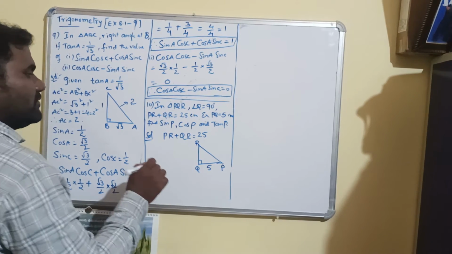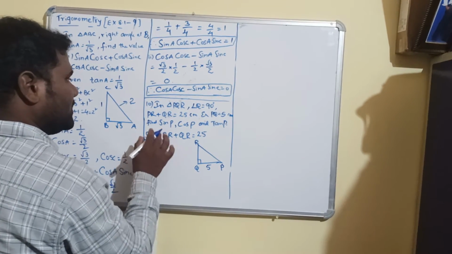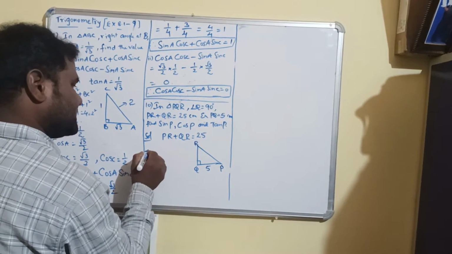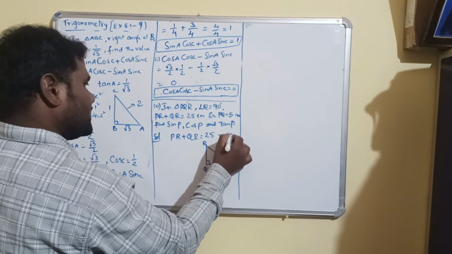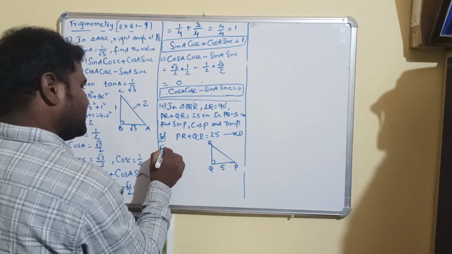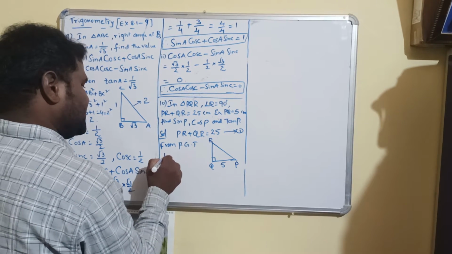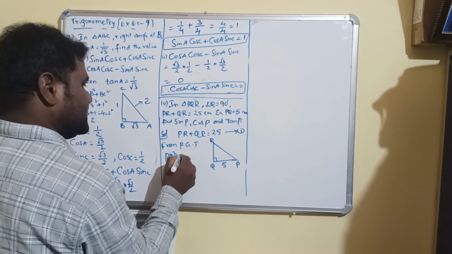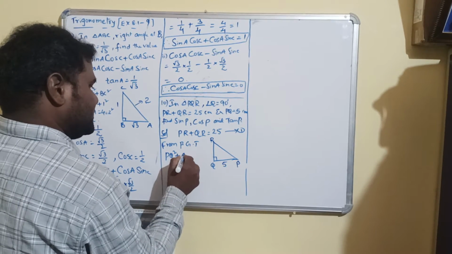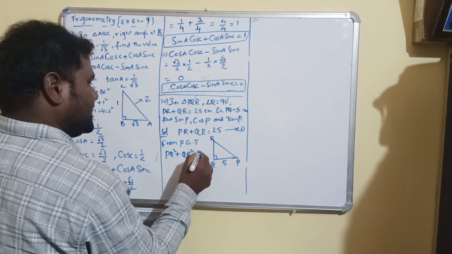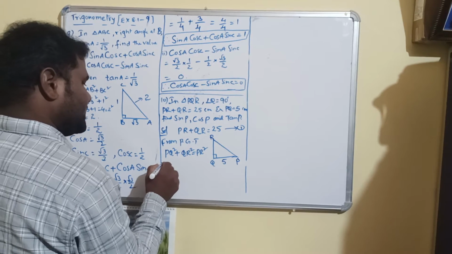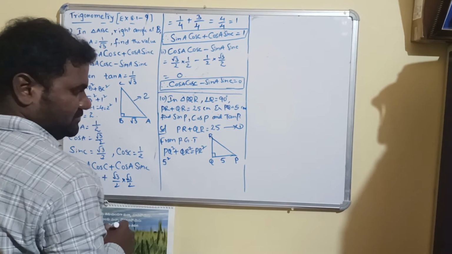Now come to the point. We know from Pythagoras theorem, PQ square plus QR square equal to PR square. PQ square is 5 square.